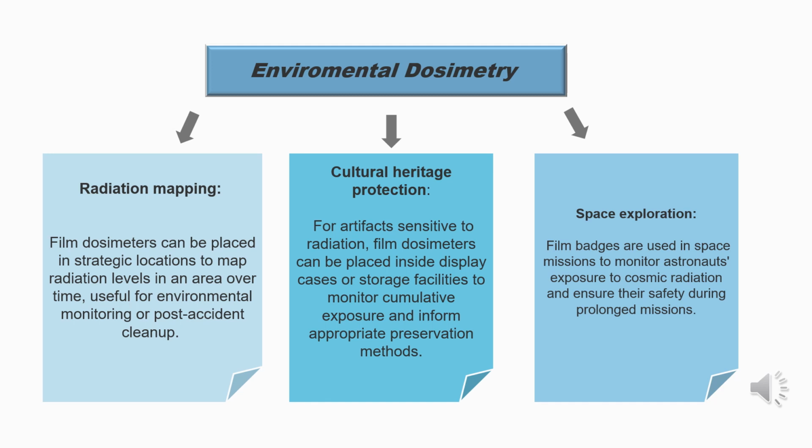Film dosimeters can be placed inside display cases or storage facilities to monitor cumulative exposure and inform appropriate preservation methods. In space exploration, film badges are used in space missions to monitor astronauts' exposure to cosmic radiation and ensure their safety during prolonged missions.